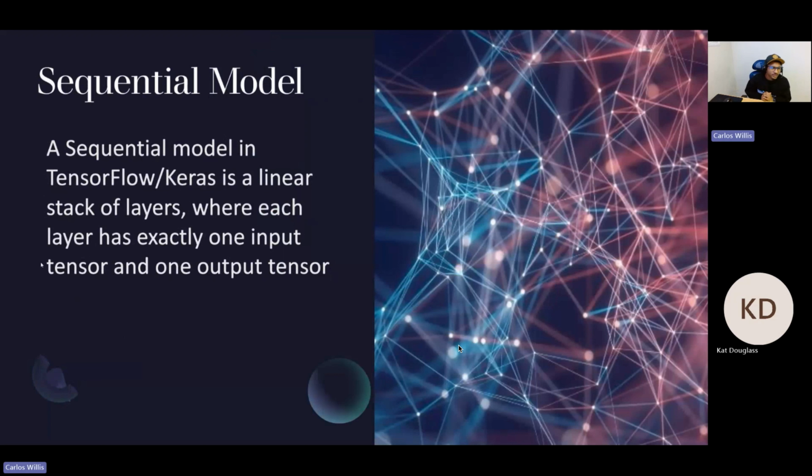Next, we'll dive into the sequential model. As you can see, there's a brief definition of what the sequential model is. The first steps we did before we even got to building the sequential model was some pre-processing, which involved tokenizing the text data.